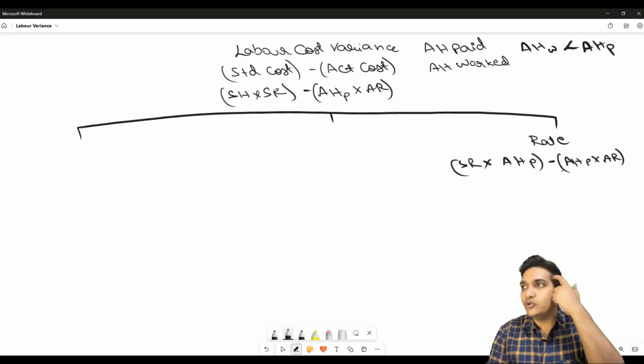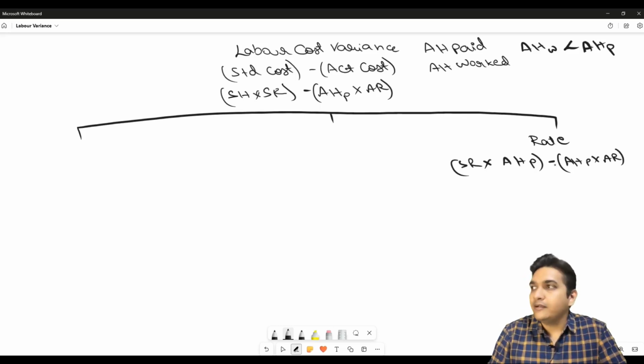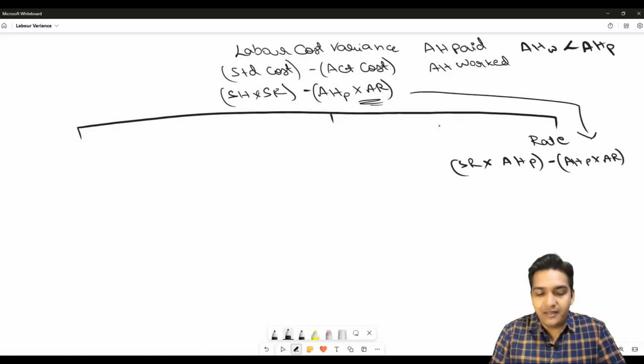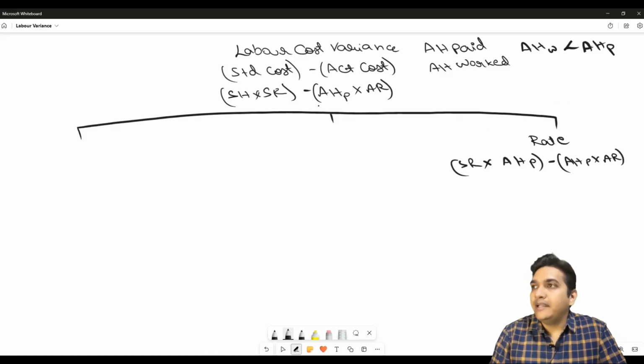Similar to our material costing formulas, here we take the second term and write it in the second part, and multiply the middle two terms to arrive at the first part of the rate.